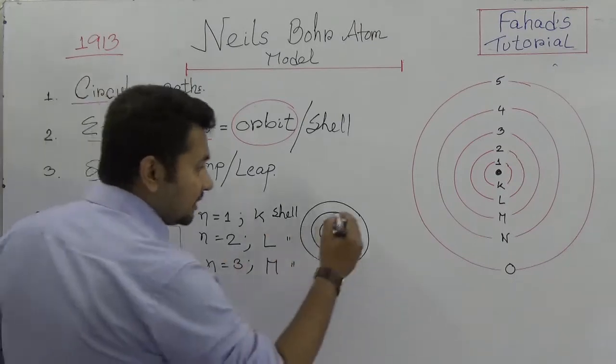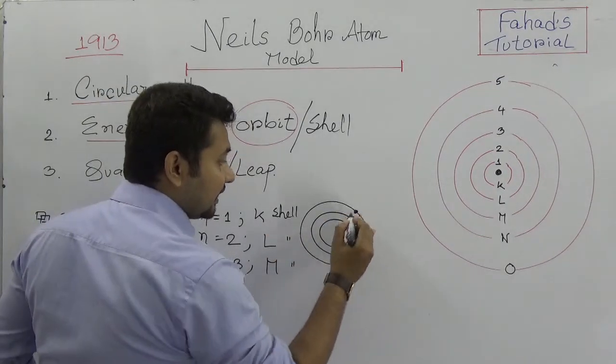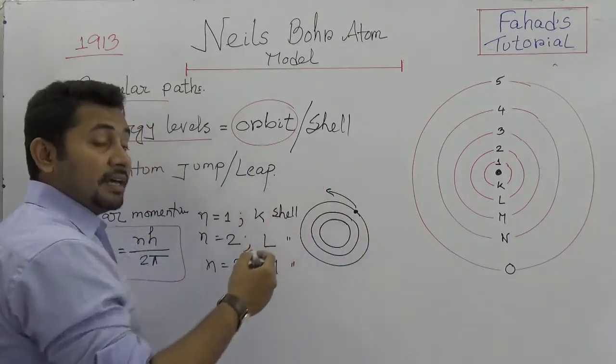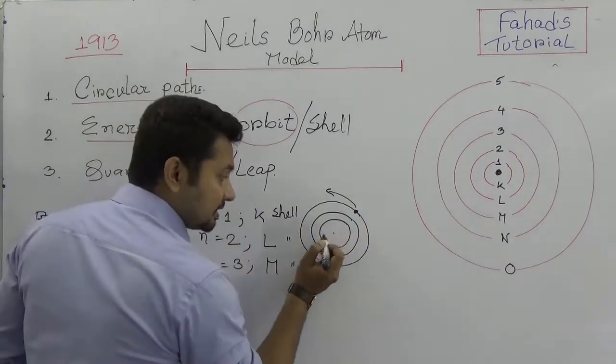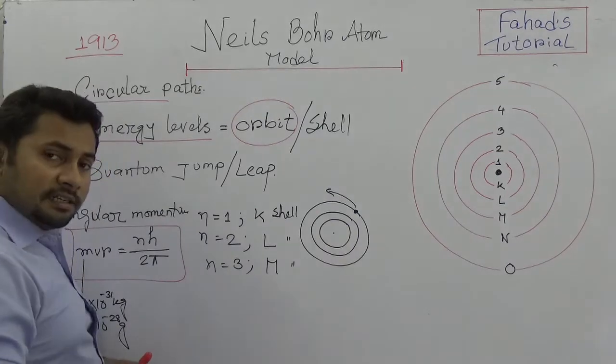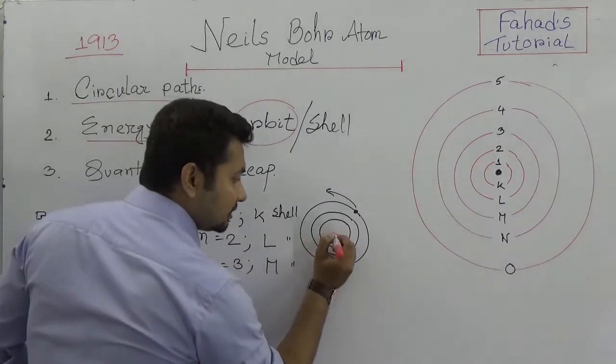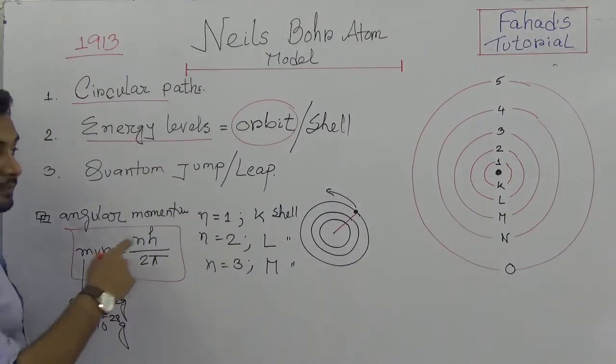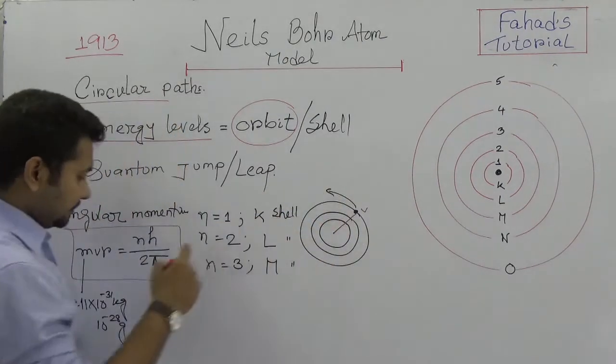Suppose this is the third shell and there is an electron moving around throughout this shell. Suppose this is the nucleus and this is the center of the orbit, so this would be the radius of the shell.